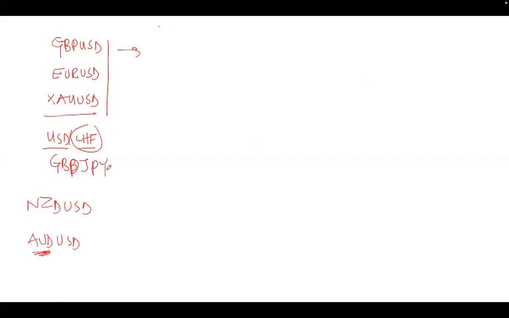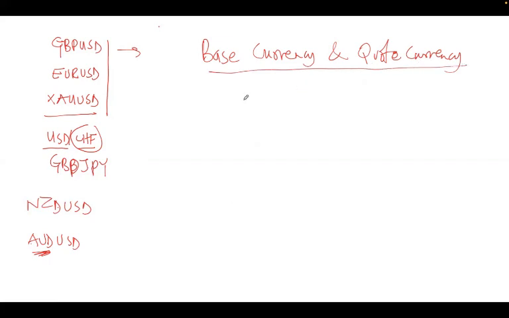Now, it's very important for us to know that the two currencies that form a currency pair are further divided into base currency and quote currency. The first currency in the pair is the base, and the second one is the quote.